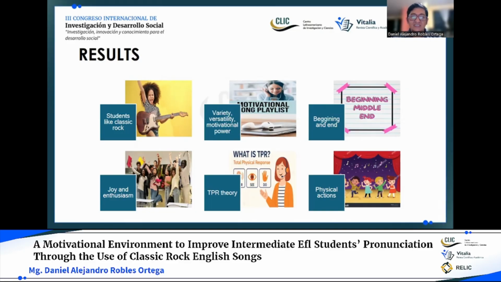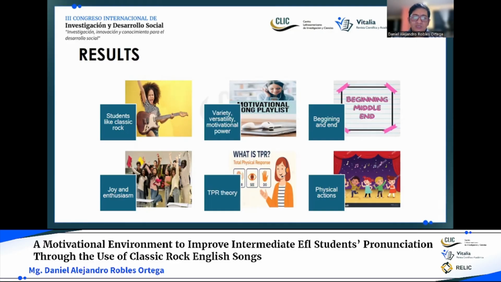Teachers use classic rock English songs to teach pronunciation because of 3 aspects: variety, versatility, and motivational power. These findings are aligned with the studies of Campbell and Brody in 2007, who assure that rock's versatility makes of this musical category a great tool to work in an EFL classroom.